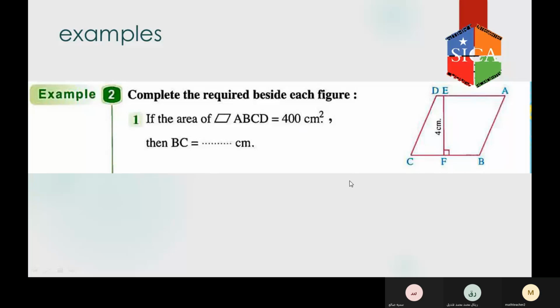Then BC equals, we have here the area of the parallelogram. If we divide it by the height, we'll get the base. Then 400, the area, divided by the height, which equals 4, will equal 100 centimeters.